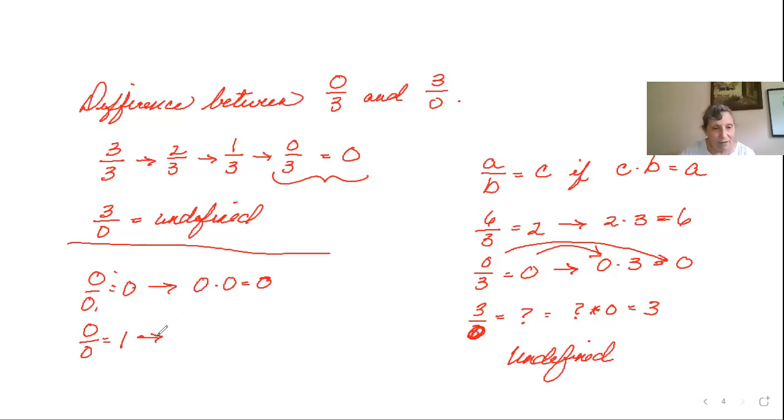Oh, well, it does, because 1 times 0 equals 0. So this equals 0, and it equals 1. And it equals 5. Sure it does. 5 times 0 is equal to 0. So this equals anything, and this doesn't equal anything at all.